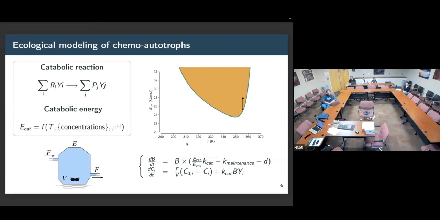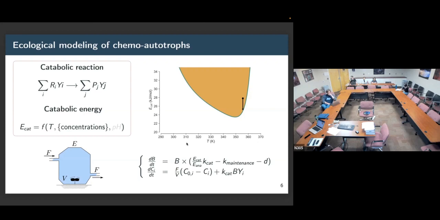So as a function of the catabolic yields, the energy yielded per mole of catabolic reaction, and of the temperature, what are the conditions in the space that allow an initial growth rate to be positive? That is the orange area on this plot. So we have a simple assessment of the viability of a system that is defined by its concentrations and temperature. And not only that, of course, but we can also run the dynamics of the system and predict the steady states of the system.